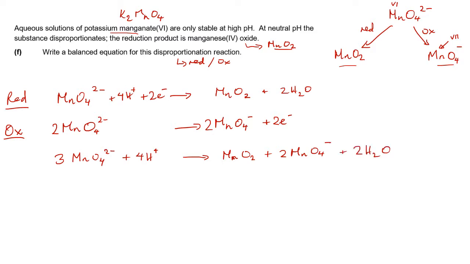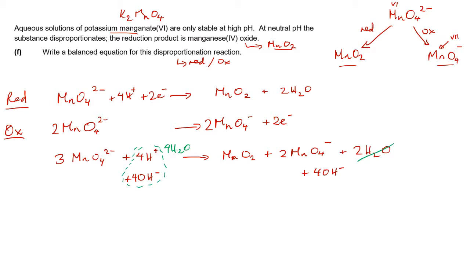So that's not bad, but it would be a mistake to stop there because we have to remember that it's in alkali conditions. So the final step is to add hydroxides. We're going to add 4 hydroxides to each side because we've got 4 hydrogens to neutralize. It's a balanced equation, so we have to do the same to both sides. So the 4H+ and 4OH- become 4H2O, and therefore we've got some cancelling to do.